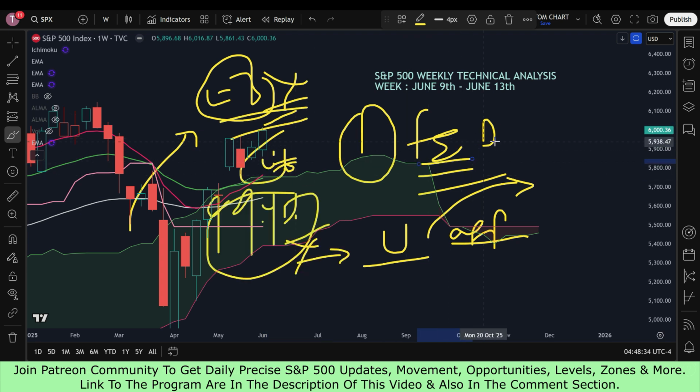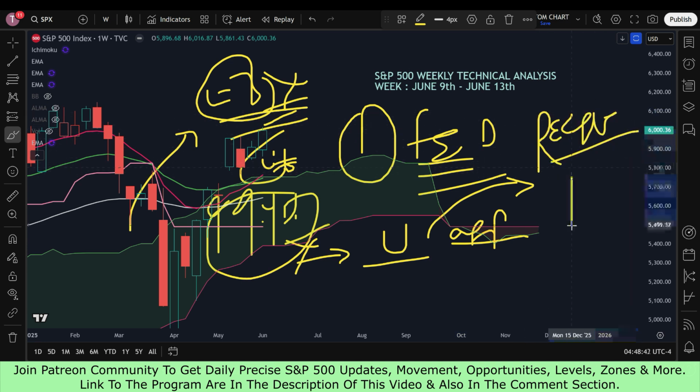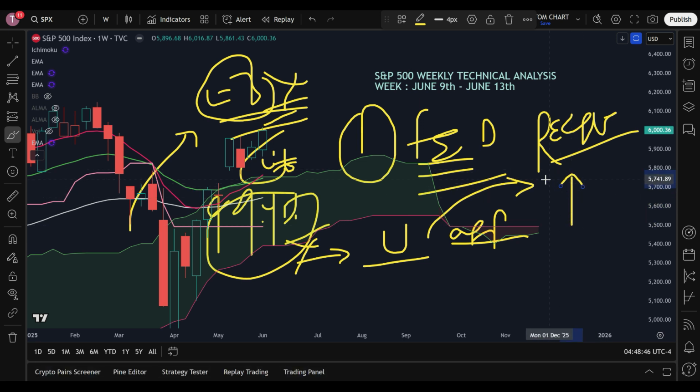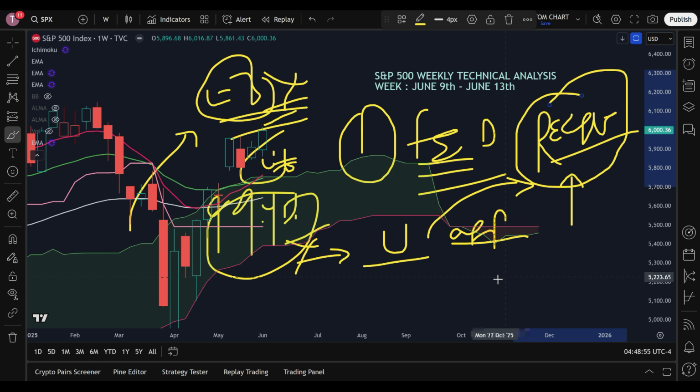Other than that, recently the Fed has added a recession. This is the first time that the FOMC members, the regional Fed presidents and the Fed chairman have added that a recession is anticipated in the next 6 months, around November or before December.